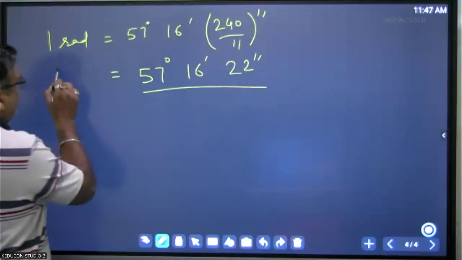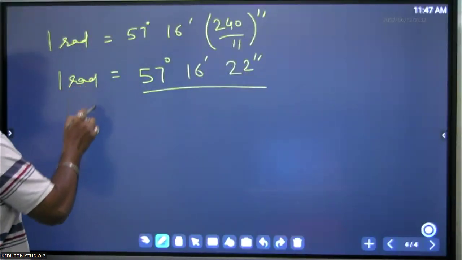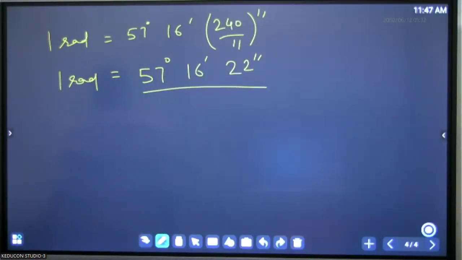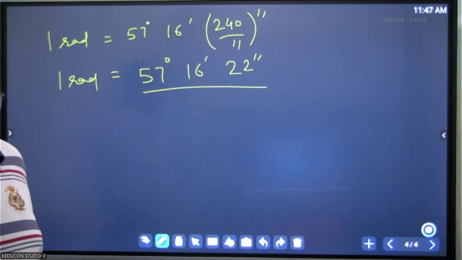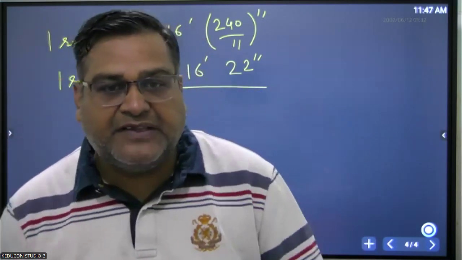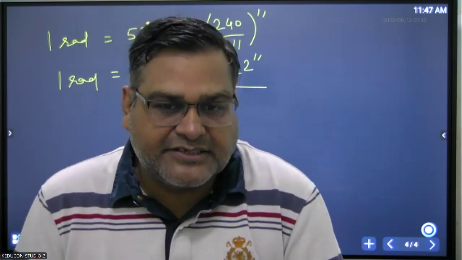So 1 radian, if you convert it into degree measures, it comes out to be 57 degrees, 16 minutes, 22 seconds approx, right? So this way we can convert this radian measurement into degree measurement. So this is our relation between the degree system and the radian system.